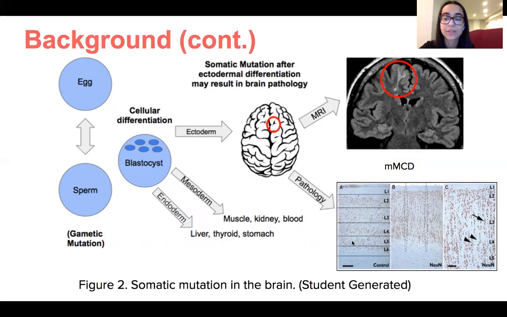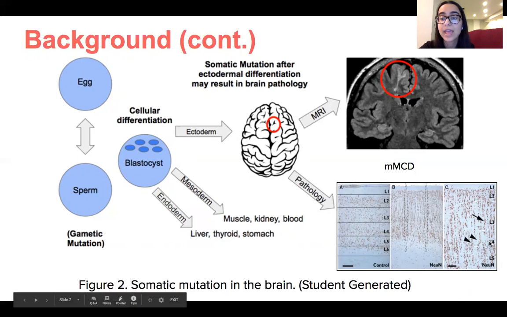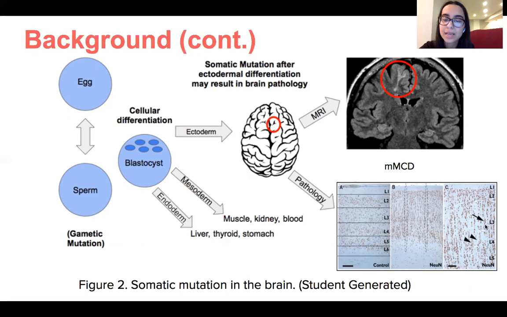And you can see in the pathology on this column in the L3 where this arrow is pointed, if there are 8 or more neurons stacked on top of each other, that is defined as MMCD. So here is a visual of the MRI and pathology that are compared in order to identify a patient with MMCD.